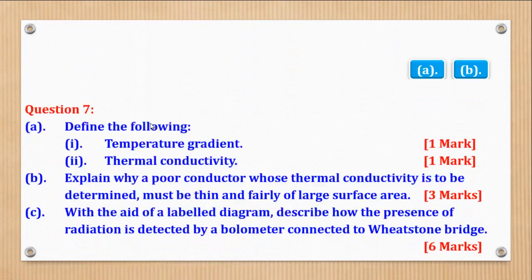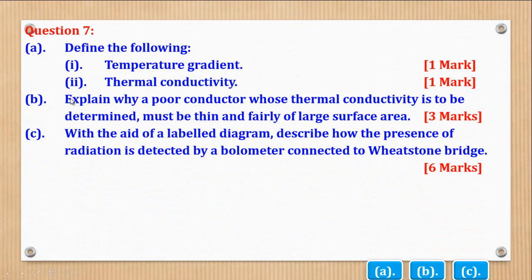So part B, explain why a poor conductor whose thermal conductivity is to be determined must be thin and fairly of large cross-section area.